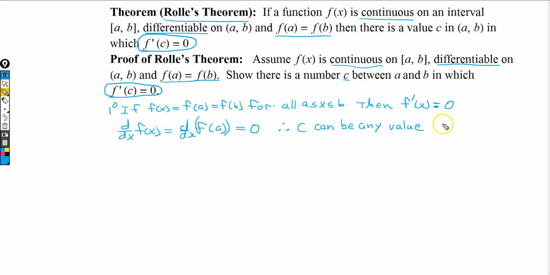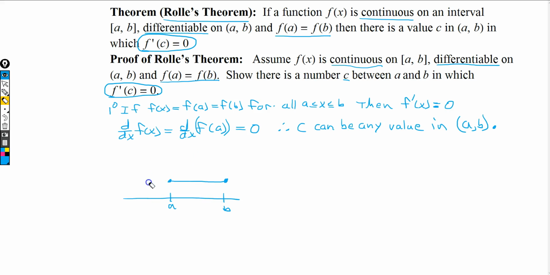C can be any value in the interval from a to b. Alright, so that's the easy case. That's when f of x is just constant. In other words, in this case, its graph would look just like this. If this is a and this is b, the graph is constant, or where the graph is a horizontal line.